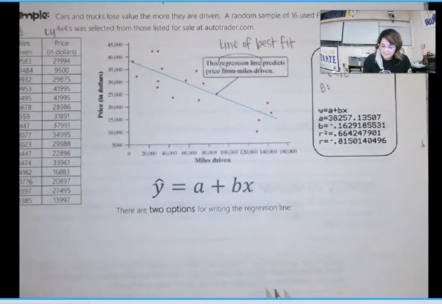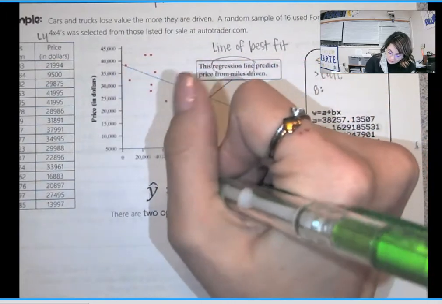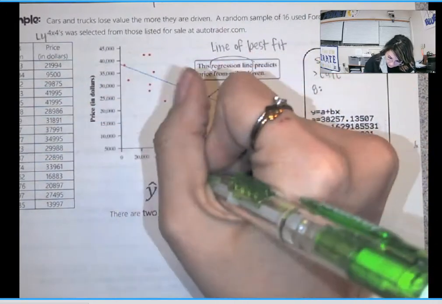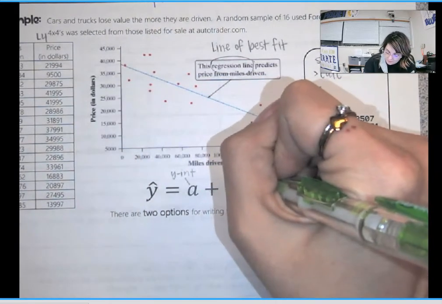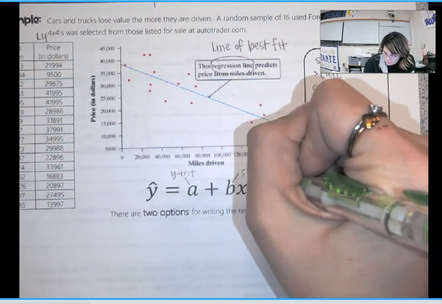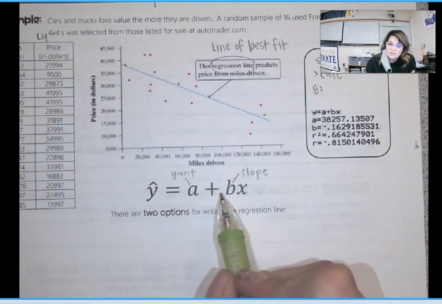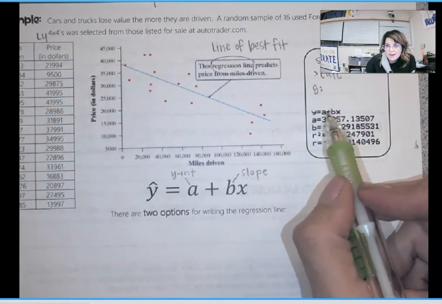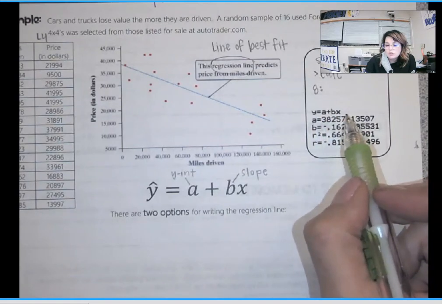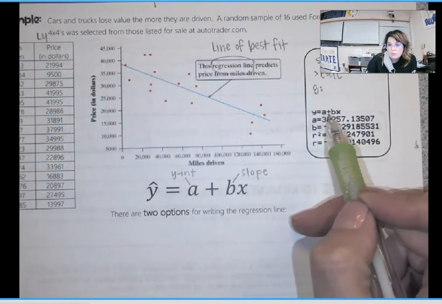So in statistics, A is your y-intercept, and B is your slope. Now, notice that slope is still attached to the x value. It's just rearranged, and we use different letters. And if you ever forget, your calculator reminds you every time you run your linear regression. It tells you in the window what the formula is.